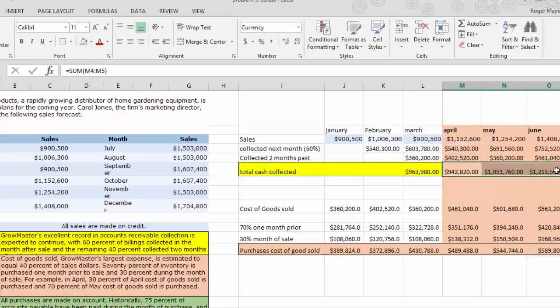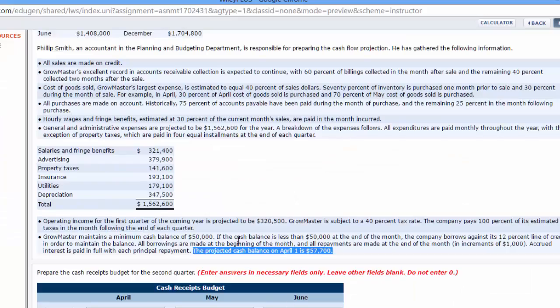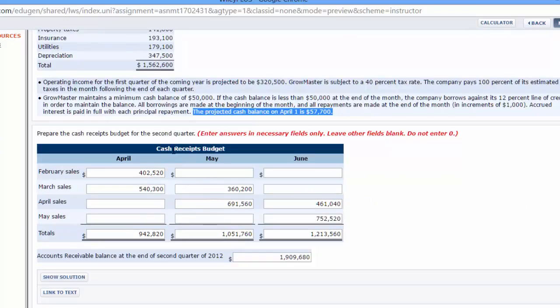So we have our cash collected for the 3 month period, and that is the cash that is coming in. There's no other cash that's coming into the organization. These numbers here are going to relate to what we see over here, which is our cash receipts in our budget. So our totals here essentially are going to replicate what I see.